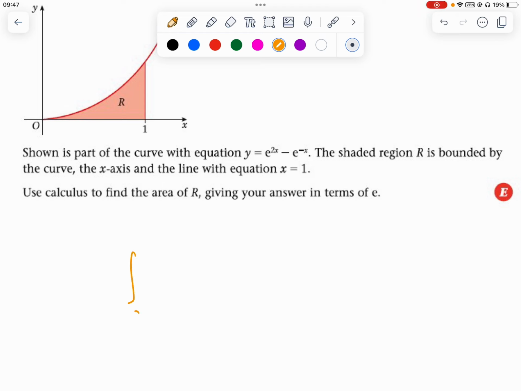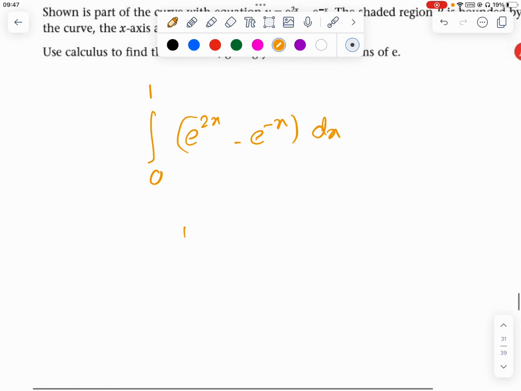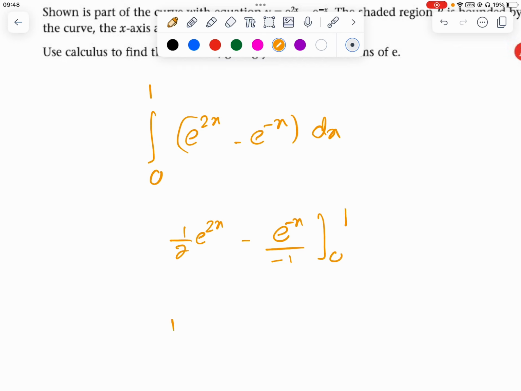So it is the integral from 0 to 1 of e power 2x minus e power negative x dx. So 1 upon 2 e power 2x minus e power negative x upon negative 1, from 0 to 1. So 1 upon 2 e square plus e power negative 1, minus 1 upon 2 e power 0 plus e power 0.